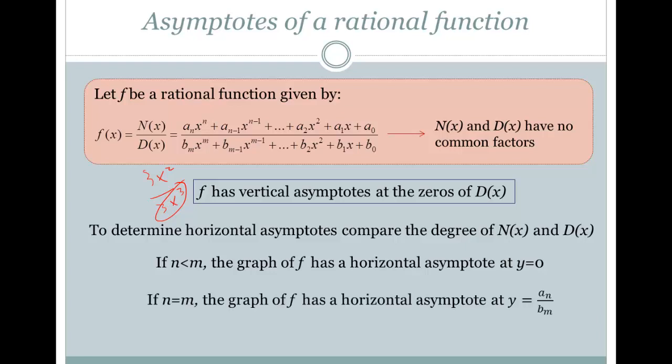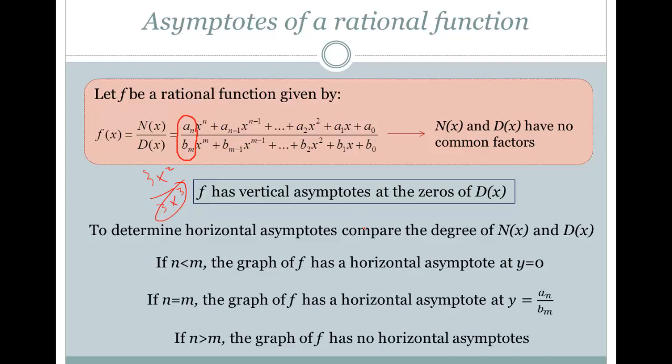If they're the same degree, we're going to look at the ratio of the leading coefficients, a sub n over b sub n, when the degree is the same. And if the degree in the numerator is greater than the degree in the denominator, we're not going to have any horizontal asymptotes, and the function's just going to go off to infinity.